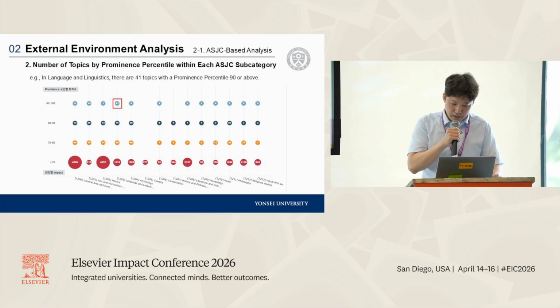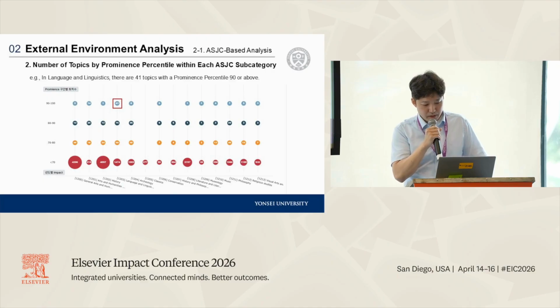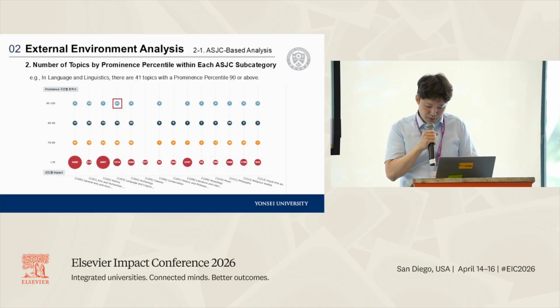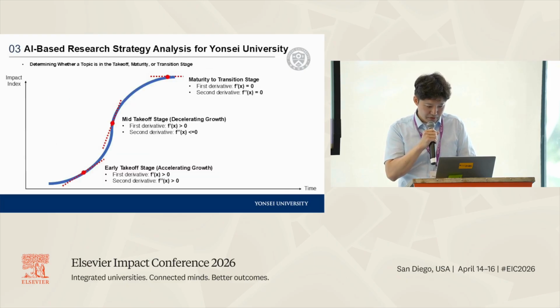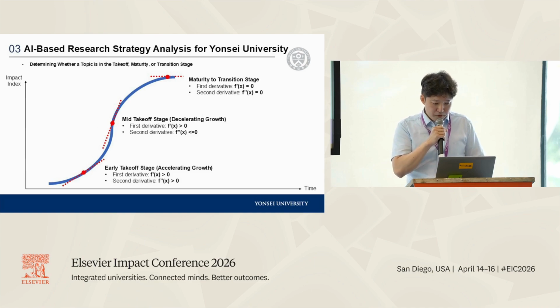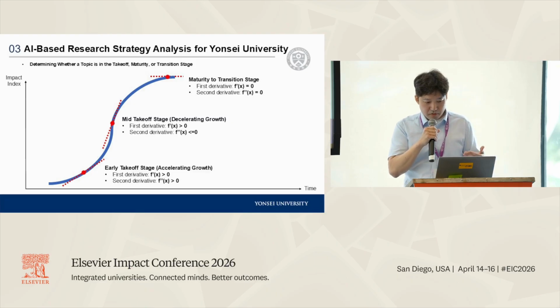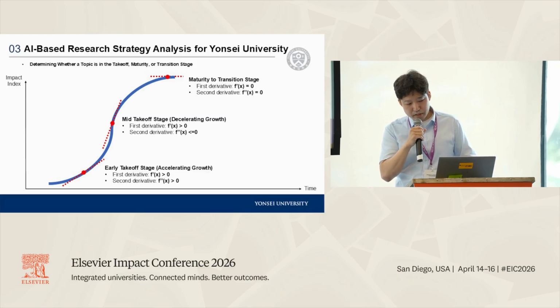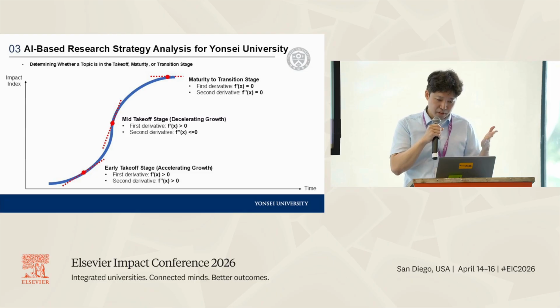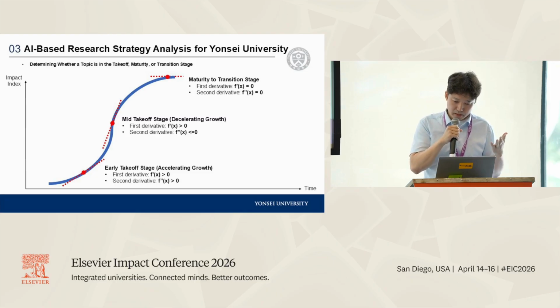And from now on, I will demonstrate the actual system, but before we proceed, there are two key concepts I need to clarify. The first one is how I categorize topics into the takeoff, maturity, or transition stages using the first and second derivatives of the annual impact index.